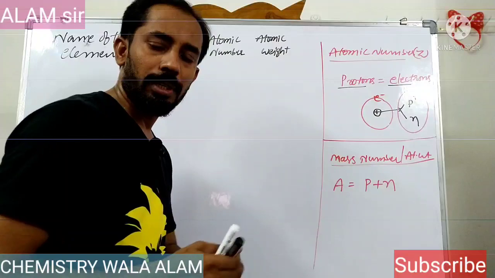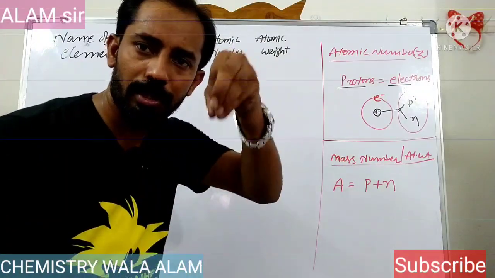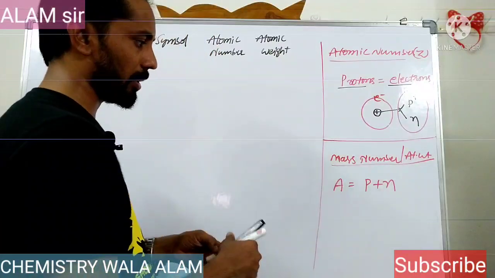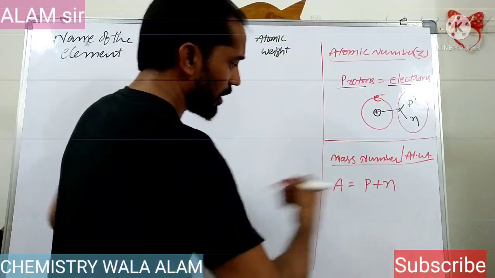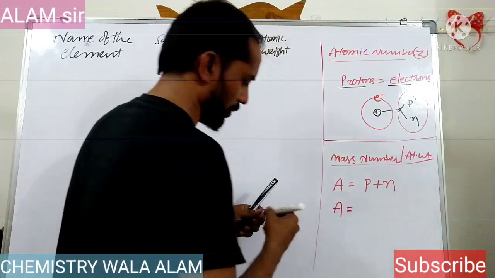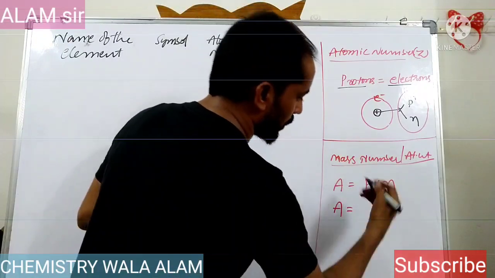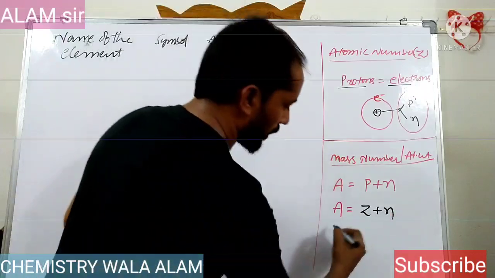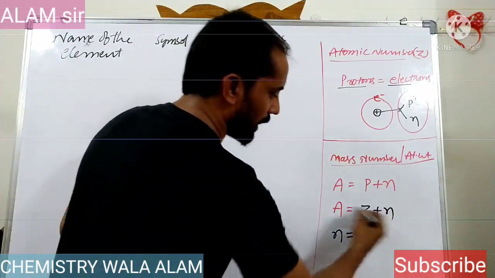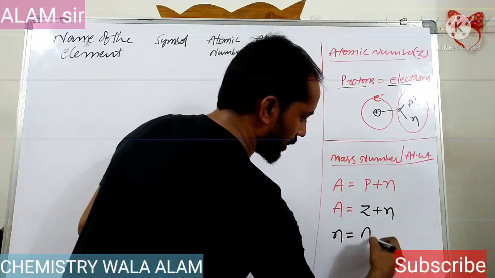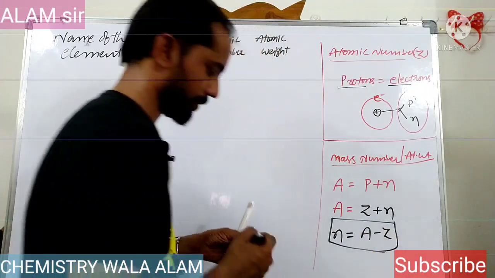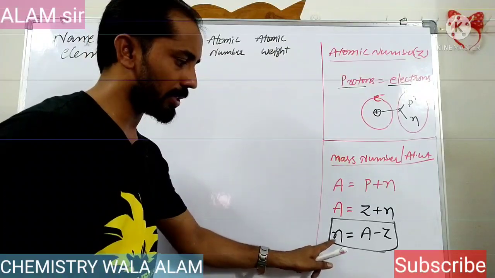Nucleons are the fundamental particles present in the nucleus, that means protons and neutrons. Here mass number A equals the number of protons, that is the atomic number Z, plus N. The number of neutrons can be found using this formula: N equals A minus Z, where N is the number of neutrons.